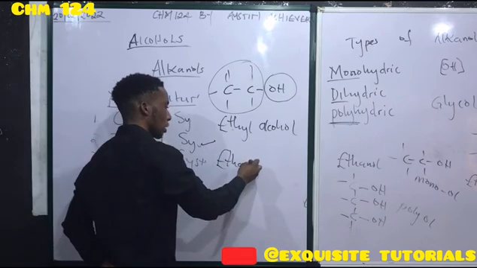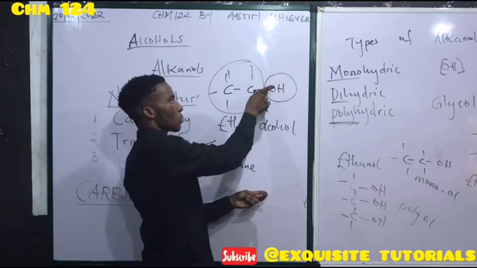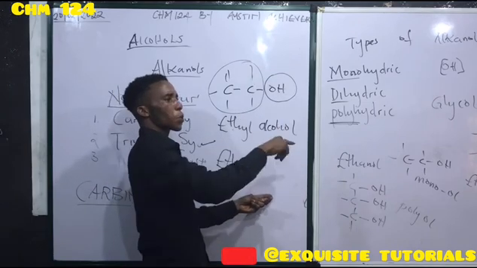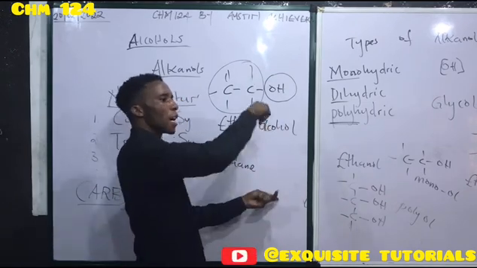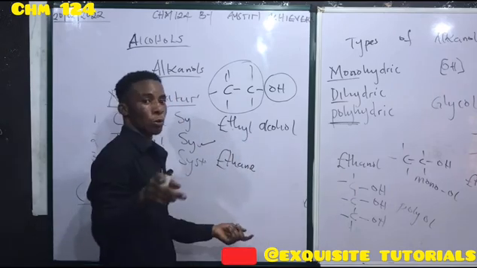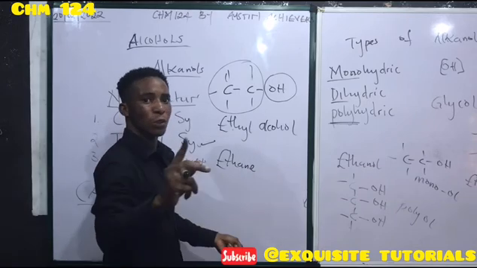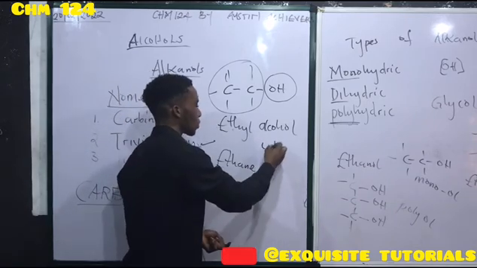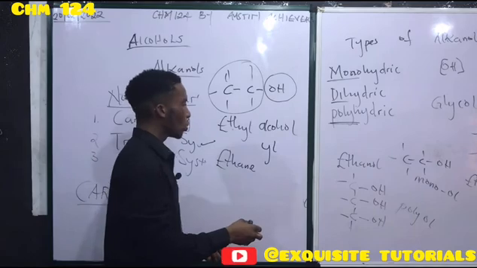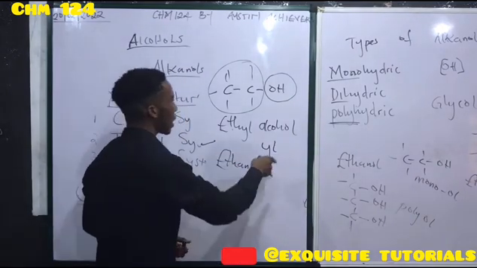I will call this an ethane, but it is no longer ethane because one of the hydrogen atoms that is supposed to be here has been substituted by a hydroxyl group. So I will call this an ethyl, because when an organic compound loses one hydrogen, we refer to it as an -yl. So I will call it ethyl alcohol.